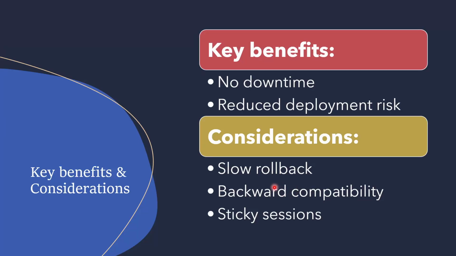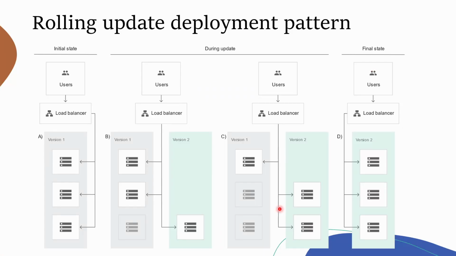And the other issue is backward compatibility, because the new code and the old code, as you can see here, exist side by side. Let's say user 1 is currently accessing version 1 and user 2 is accessing version 2.